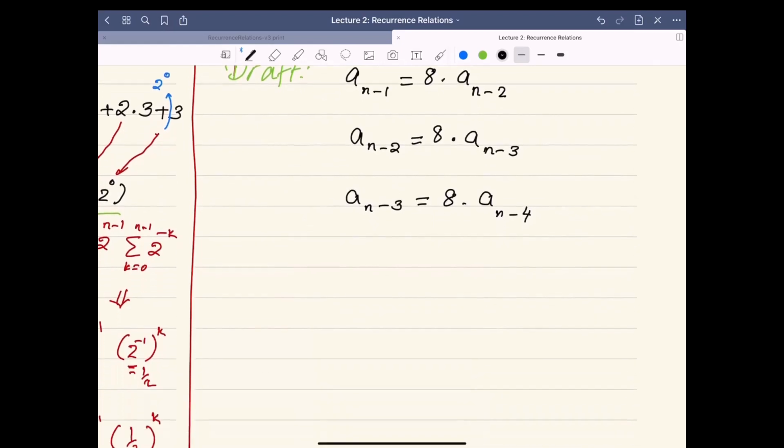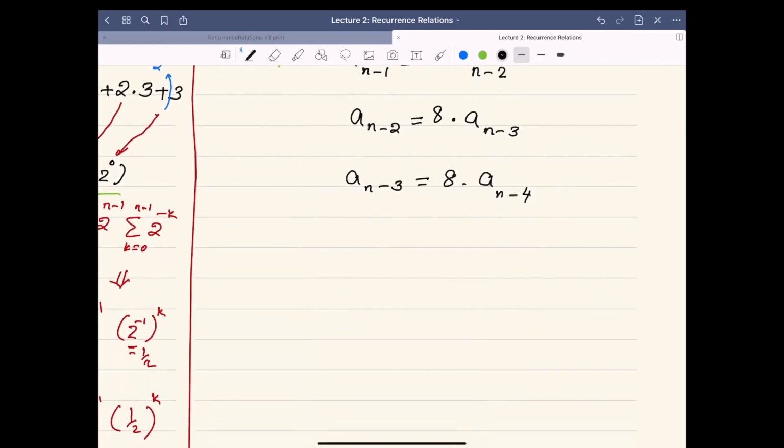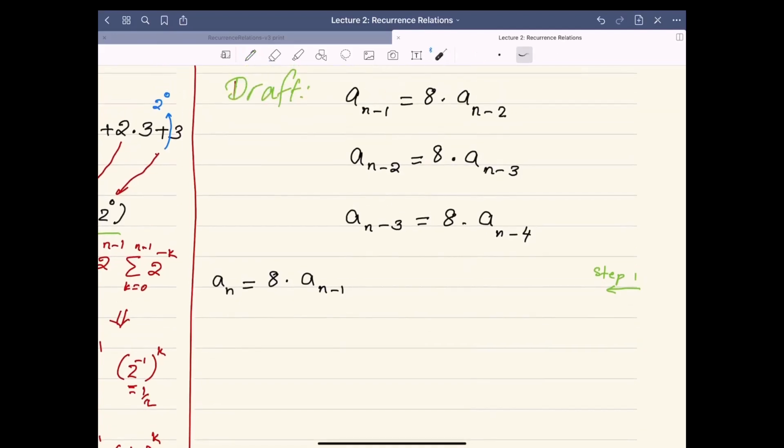And let us start with our recurrence relation, which is an equal to 8 times an minus 1. Now this is step number 1. Now take the value of an minus 1, which is this equation, and substitute it in here, because an minus 1 is equal to this equation.